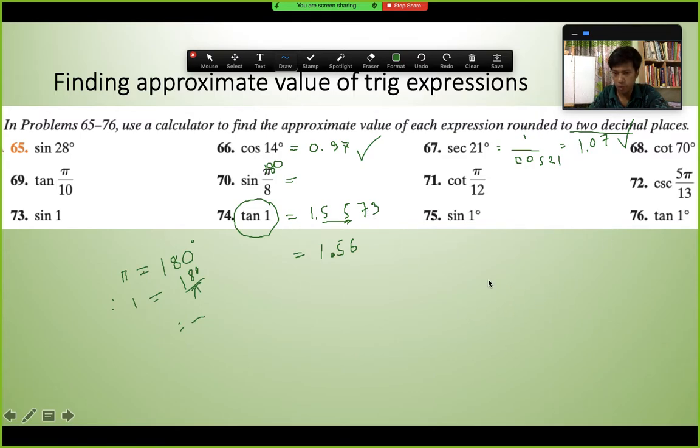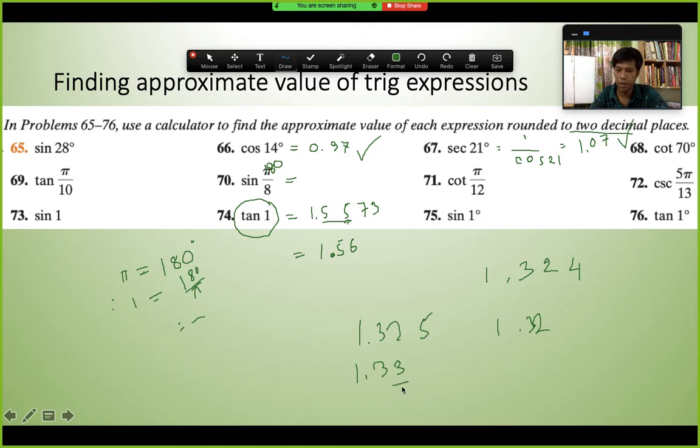Let me give you more examples. Suppose it is 1.32324, then you can just write 1.32. If the number is 1.325, then you have to add 1 here, because the next digit is 5 or more than 5.